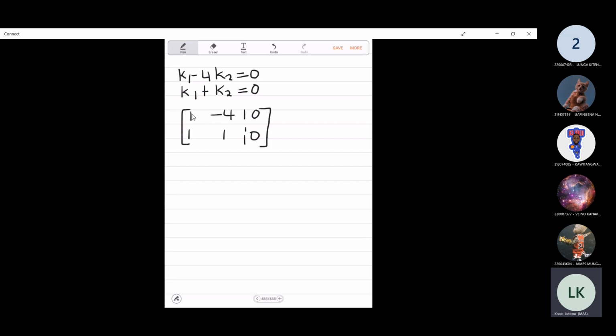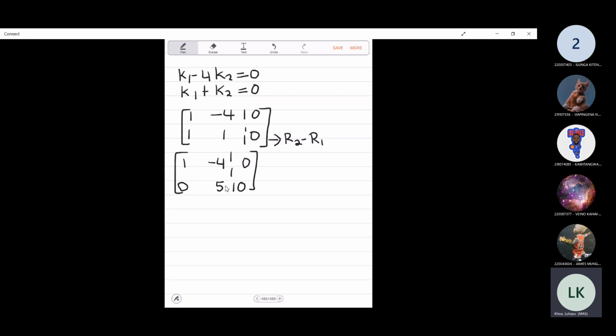So we can see that row 2 minus row 1 will give us a 0 where we want it. So we just say row 2 minus row 1. And then we have 1 minus 1 is 0. Then 1 minus -4, this is 5, and that's a 0.